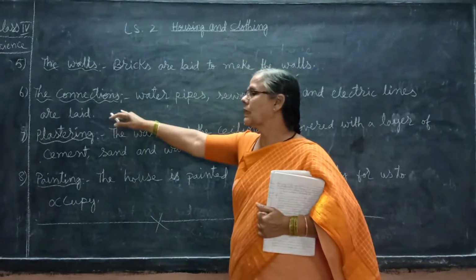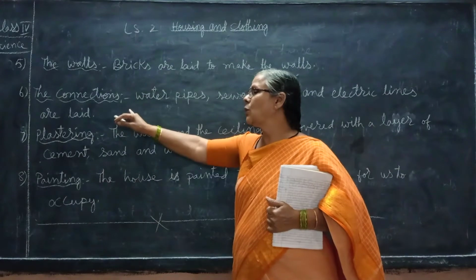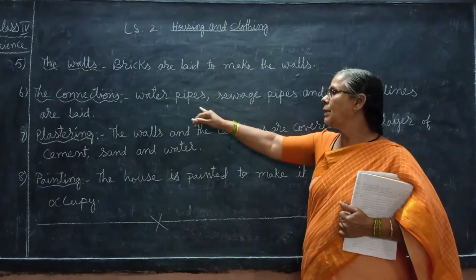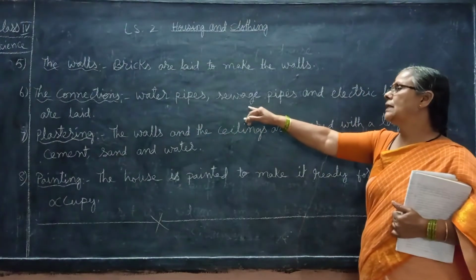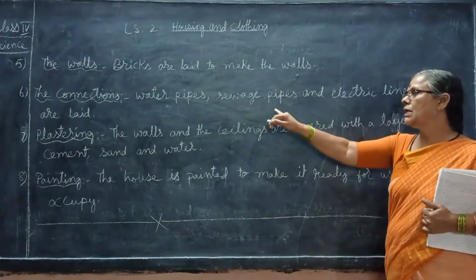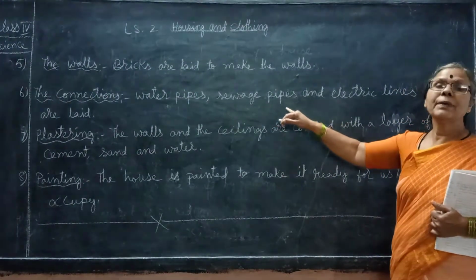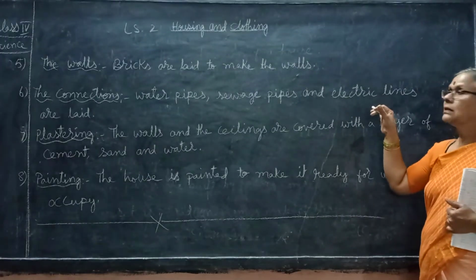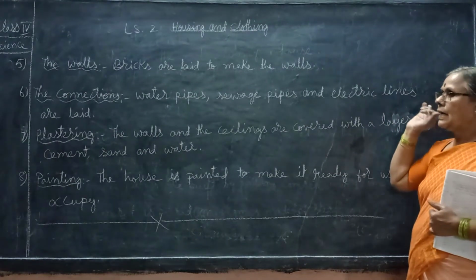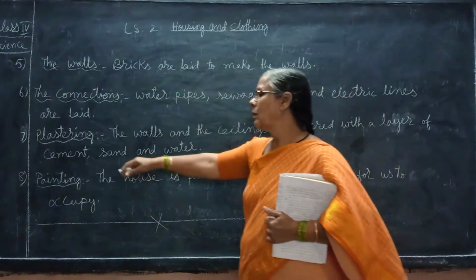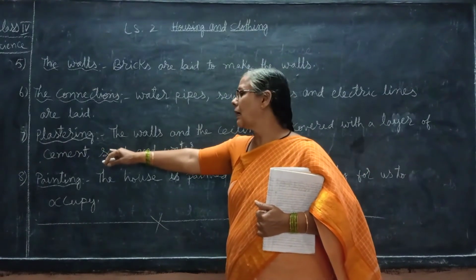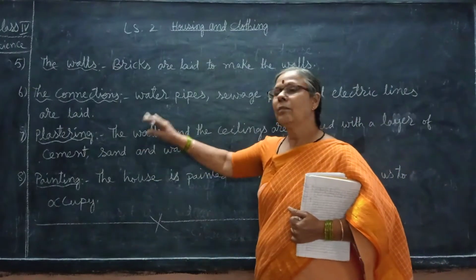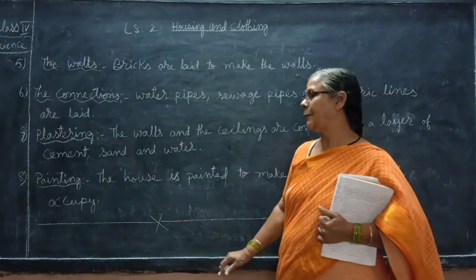Then the sixth is the connections: water pipes, sewage pipes and electric lines are laid. Plastering. These stages are there in the textbook also, you can see them in that. But the copied answer should be the same.